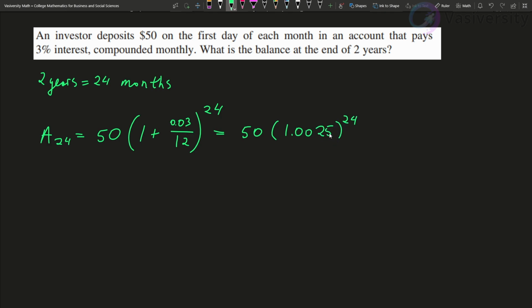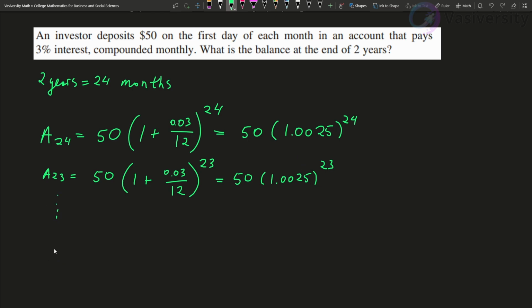The second deposit, A23, is going to be 50 times 1 plus, so that's the second deposit getting the interest, so to the power of 23, going to be 50 times 1.0025 to the power of 23, right, etc.